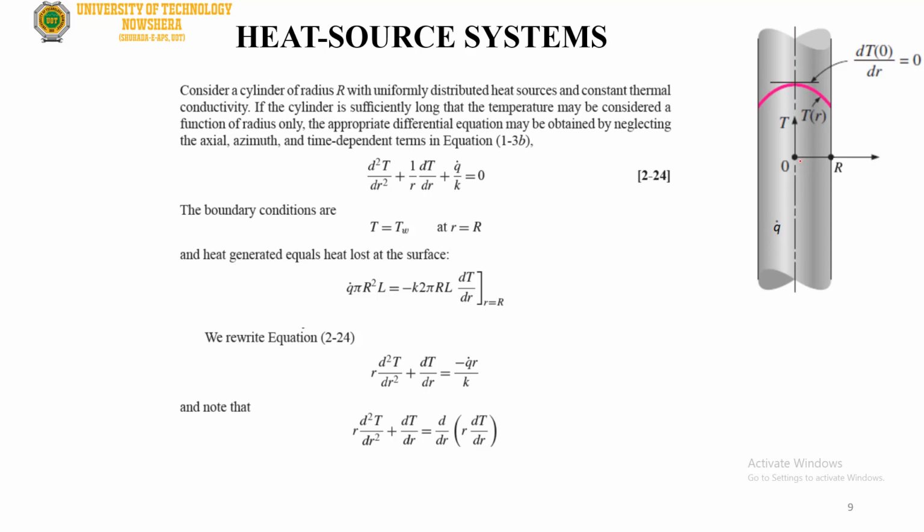For example, the cylinder or the wire has a radius equal to capital R. Remember, again, we are just concerned with one dimensional conduction heat, and in this case the heat direction is along the radial direction. So temperature is a function of radial direction only.